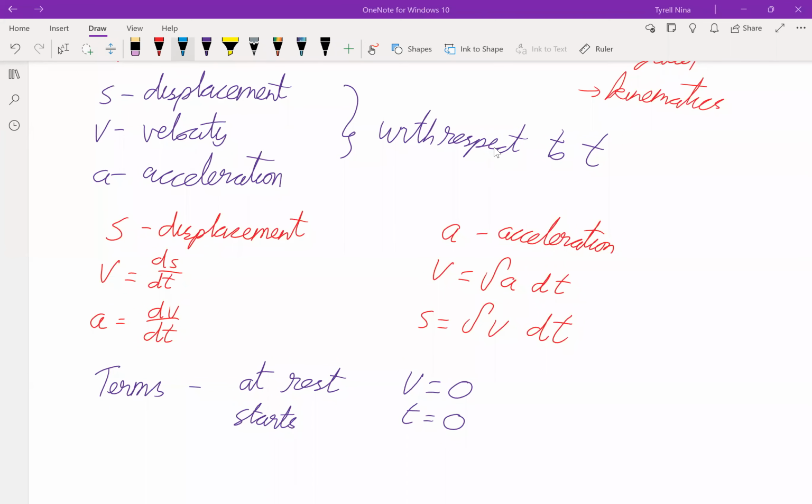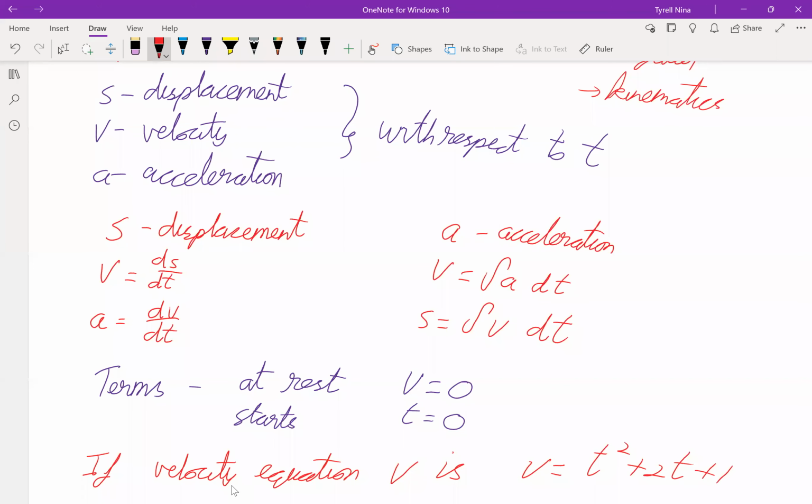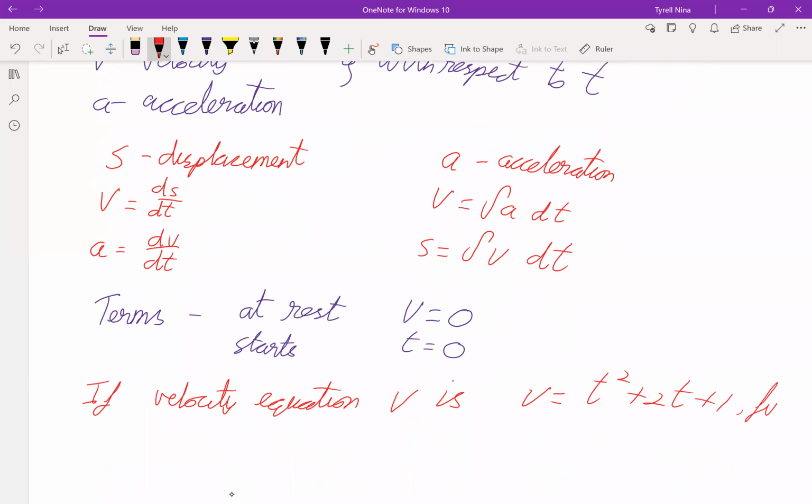So terms: at rest, V is 0; starts, t is 0. All right, so let's do a question. If the velocity equation V equals t squared plus 2t plus 1... let's change this to minus 2t. One, find the time when v equals 0.